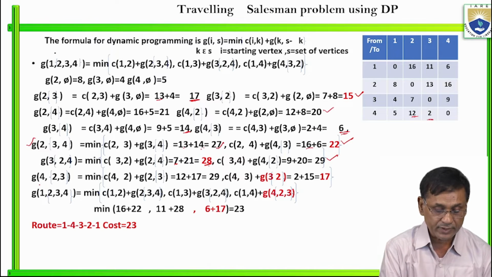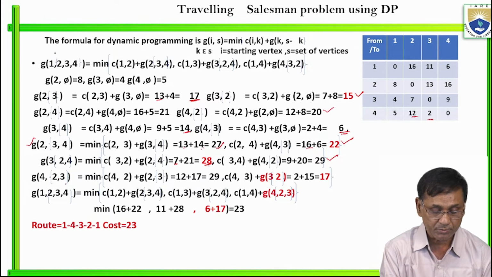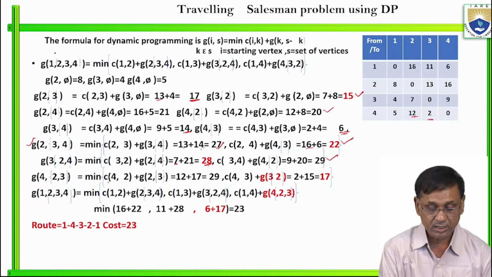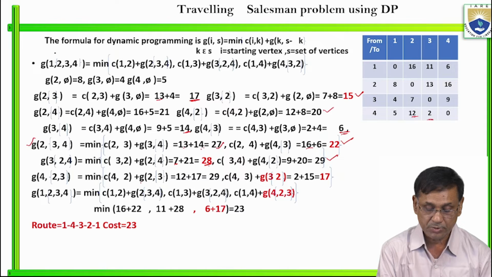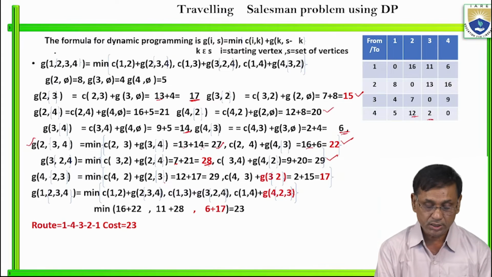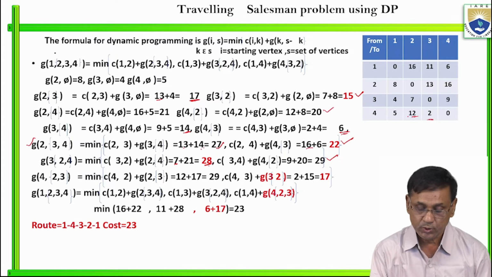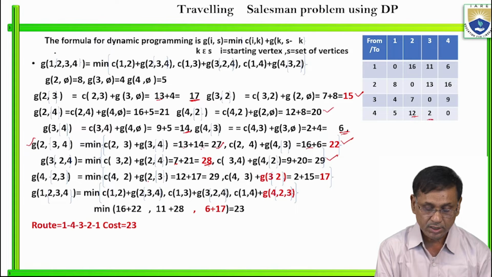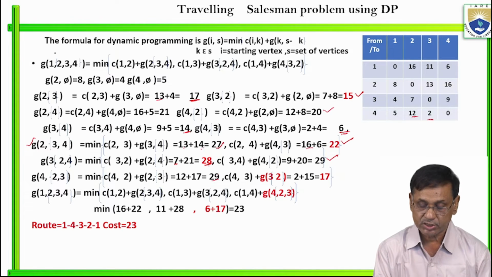Now we can find g of 4, that is the cost of going from city 4 to the remaining set of cities 2 comma 3, which is the minimum of cost of an edge 4 to 2 plus cost of going from 2 to the remaining set of vertices. C of 4,2 is equal to 12 and g of 2 comma 3 is equal to 17. So this cost is 29.